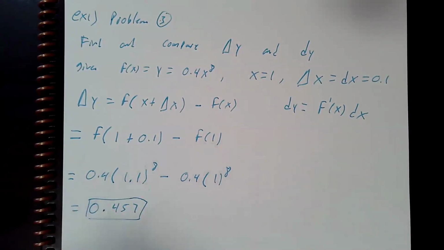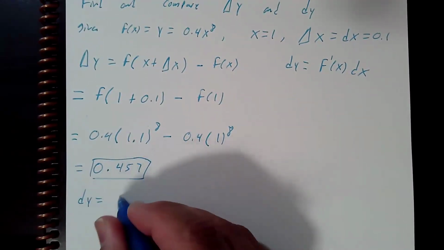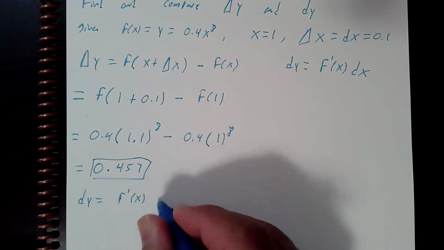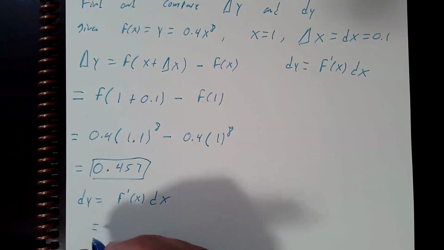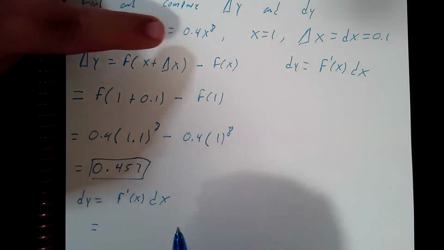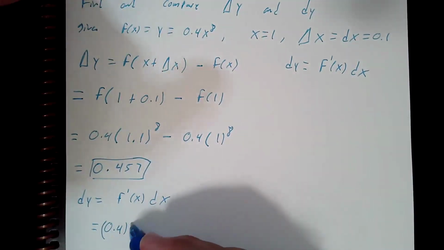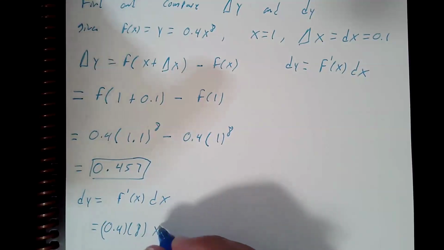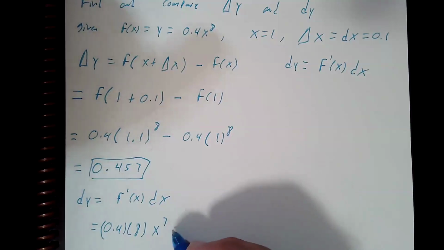And they want us to compare it to dy. So the dy formula is equal to f prime at that x times dx. The derivative of f is going to be the derivative of this one here, so 0.4 times 8 times x minus 1 times dx.